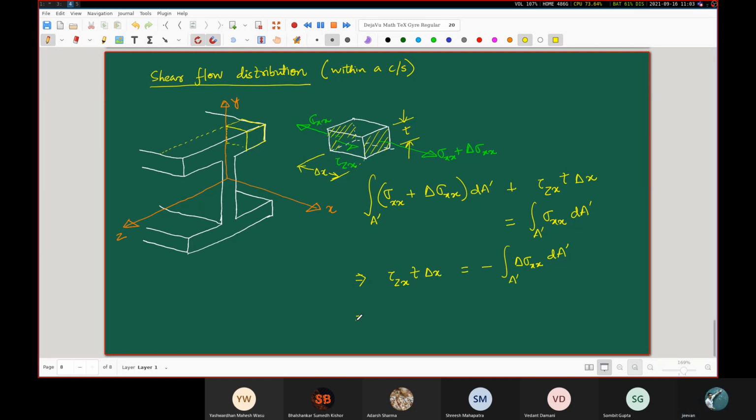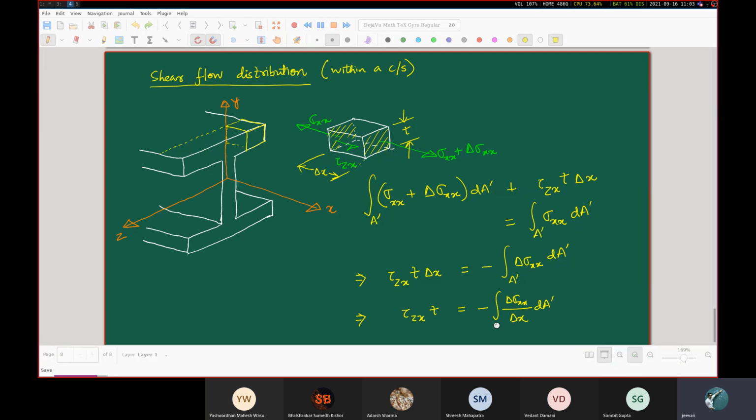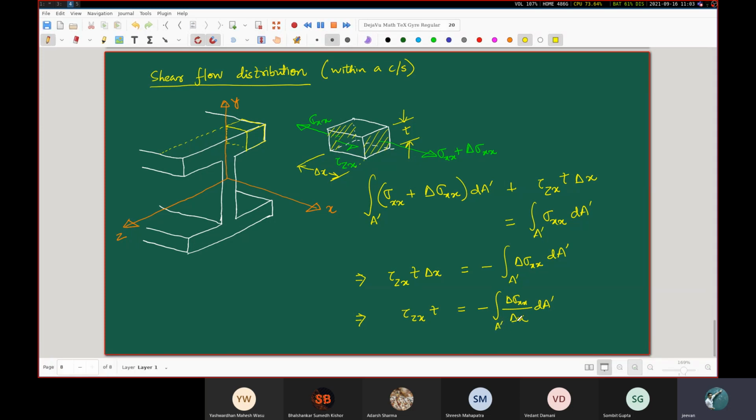And just as before, we take this delta x down there. So tau zx T is equal to minus delta sigma xx divided by delta x dA dash. And in the limit that delta x tends to 0, this is going to give us minus of d sigma xx dx dA dash.